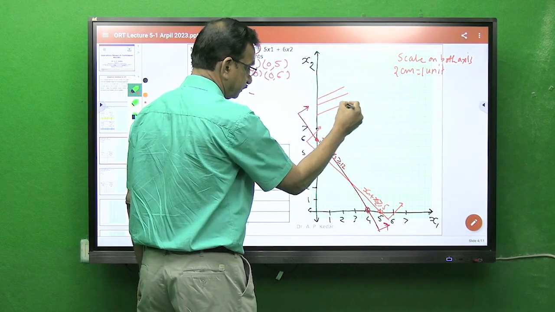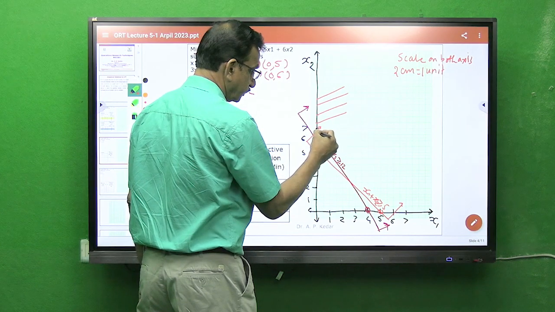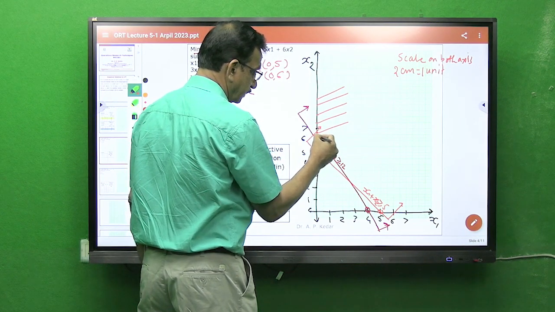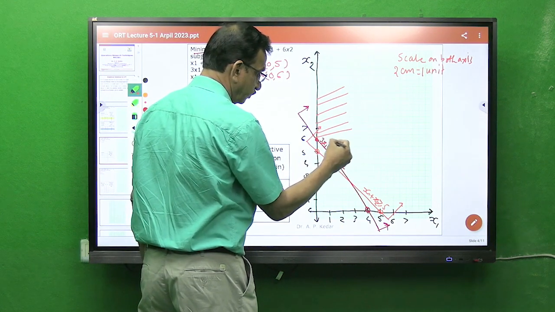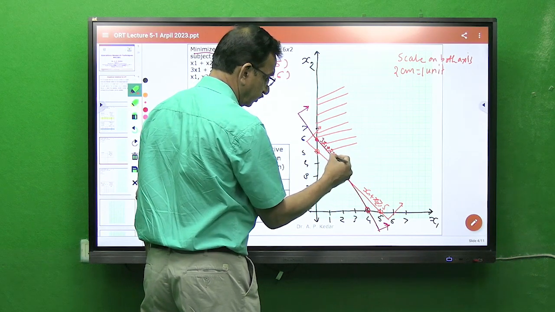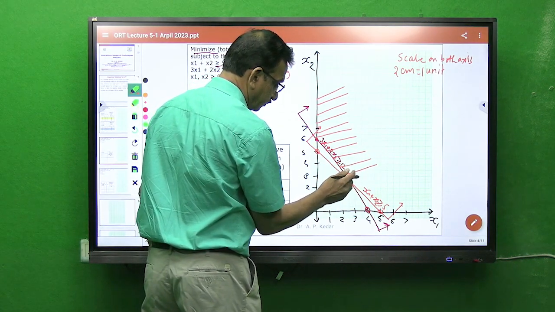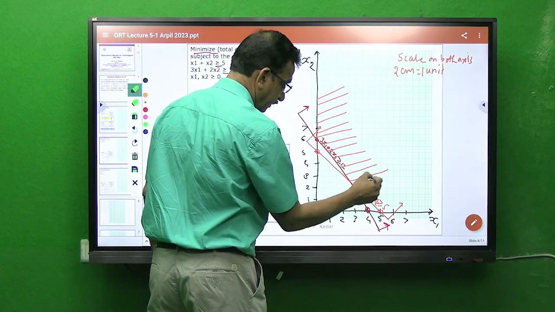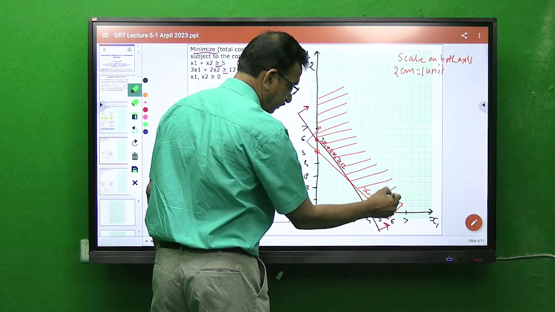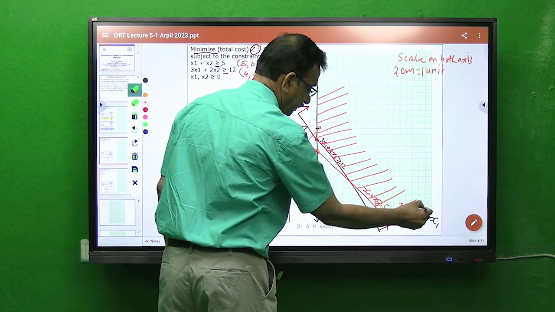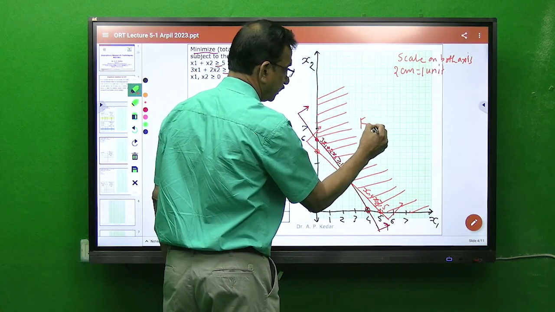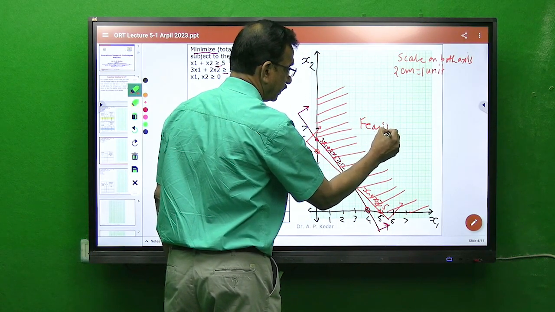So if you look at this particular region with respect to x1 x2, that is very important, is the only feasible region.